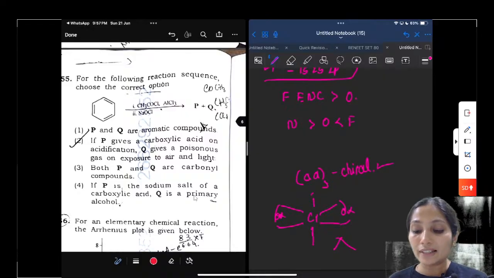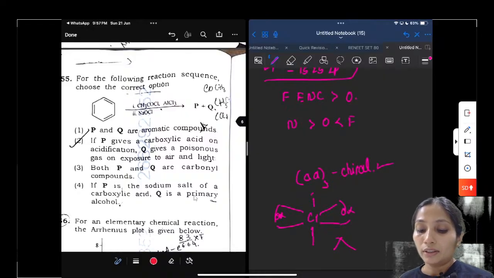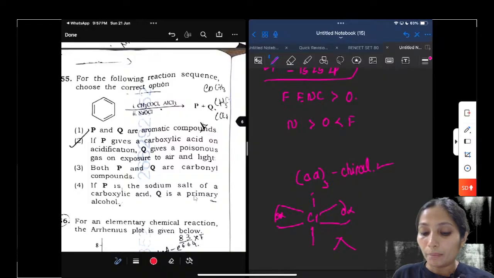See, the first one is an acylation reaction.